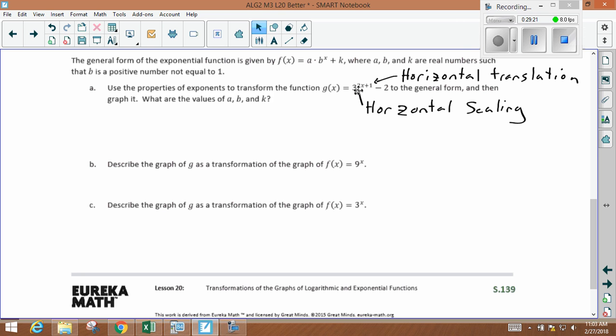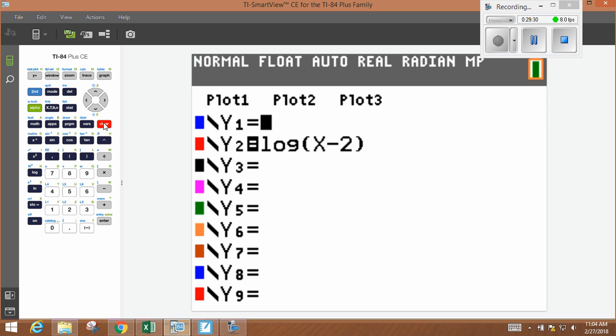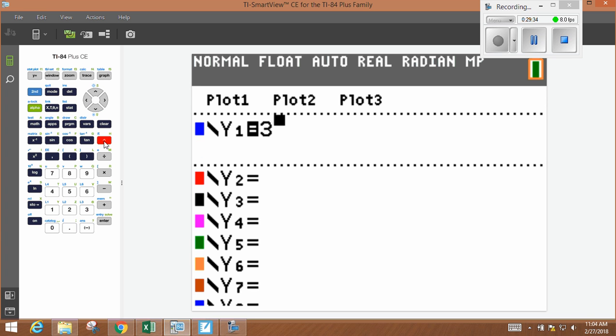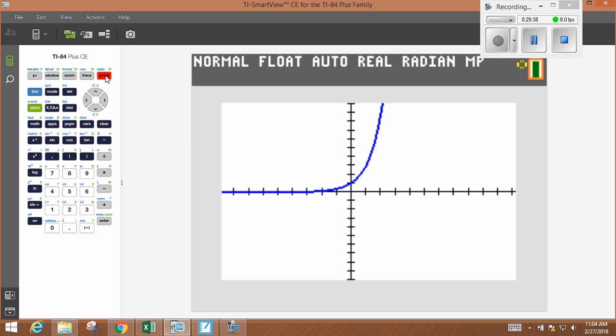What happens to these things in the calculator, all right? So back to our calculator. We're going to compare graphs to the graph of 3 to the x power. That's what 3 to the x power looks like, okay?